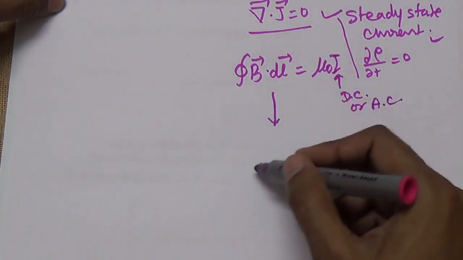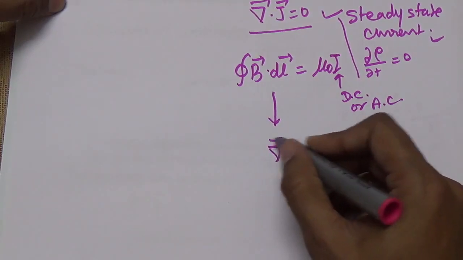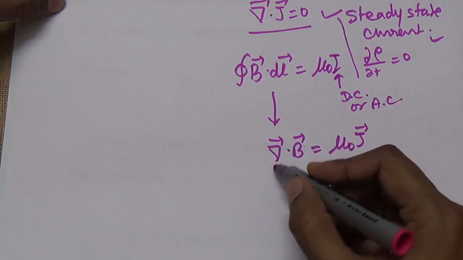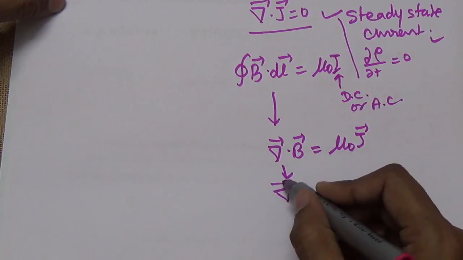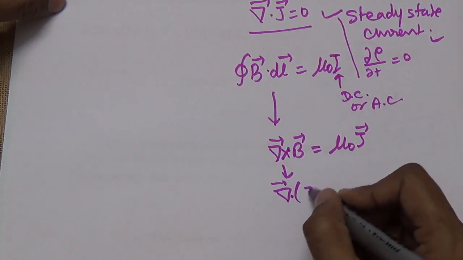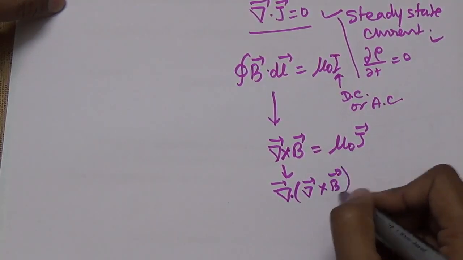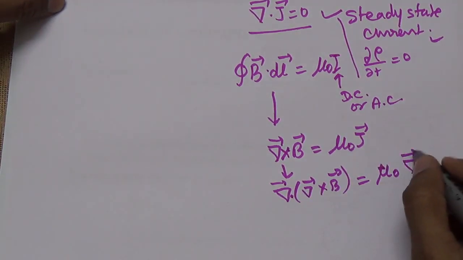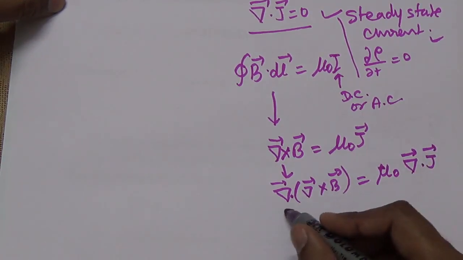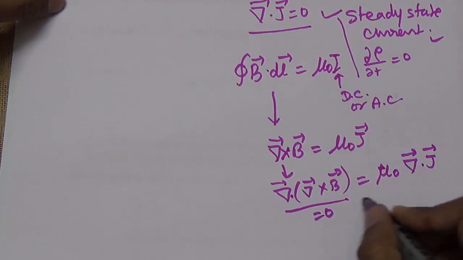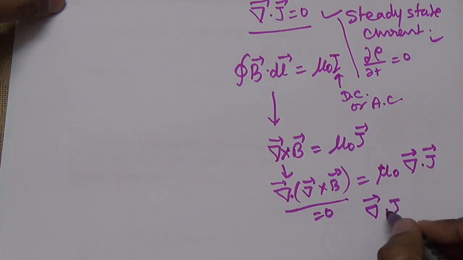The differential form of Ampere's law is del cross B equal to mu naught times J. If I take the divergence of this equation, del dot del cross B is equal to mu naught, which is a constant, times del dot J. On the left hand side, del dot del cross B is equal to 0, and mu naught could not be 0, so del dot J is equal to 0.